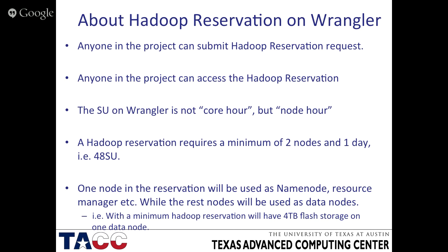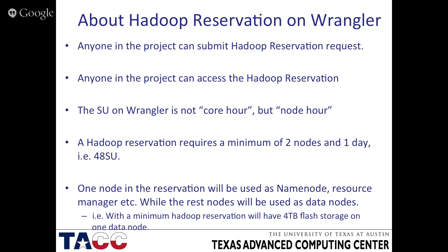If you log on there, you can see the project I'm adding you to only has 5,000 SUs. Each SU on Wrangler means one node hour, regardless of how many cores are in that node. As long as you use 1 node for 1 hour, that's 1 SU. For example, the minimum Hadoop reservation is 2 nodes and 1 day, and that will cost you 48 SUs.